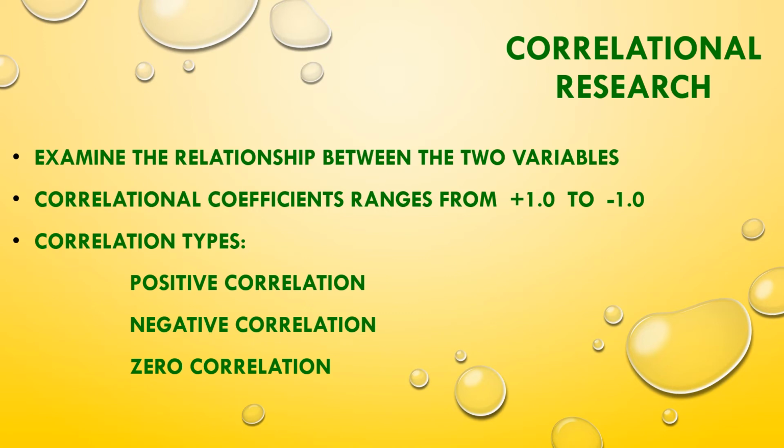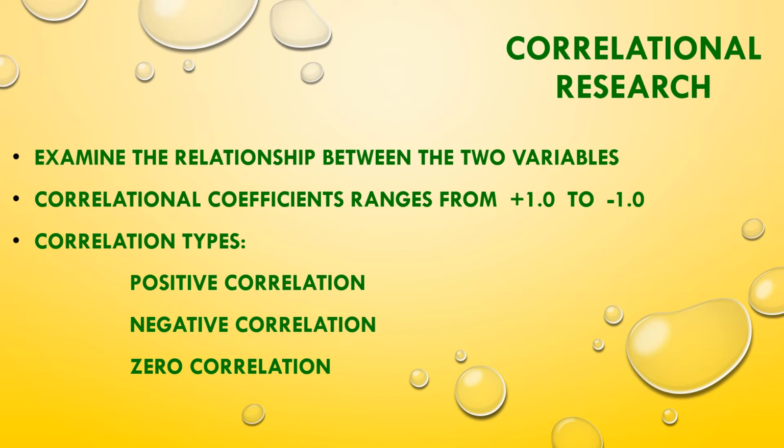That is, if A increases, B also increases, and if A decreases, B also decreases. That is positive correlation. For example, umbrella sales increase as rainy weather increases. So both variables are increasing here.